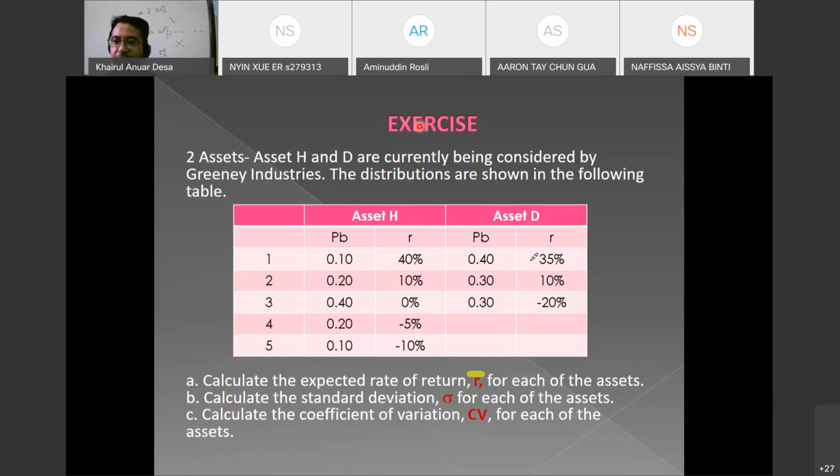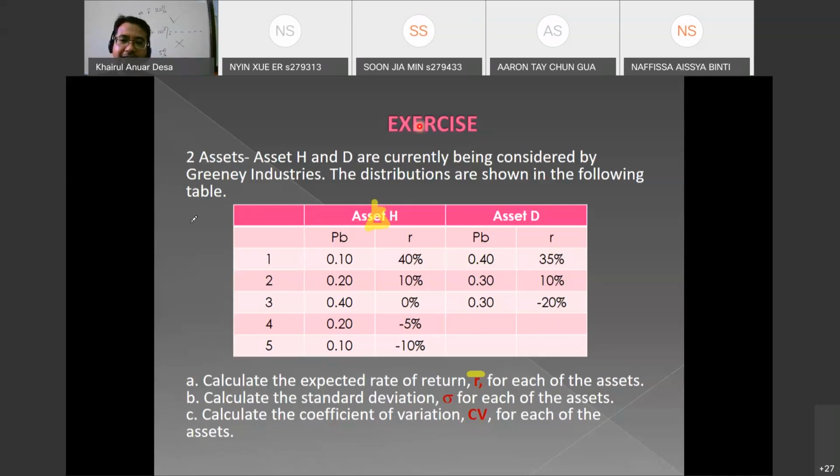What is the expected return for asset H and asset D? 4% for asset H and 11% for asset D. Okay, 4% for asset H and 11% for asset D.